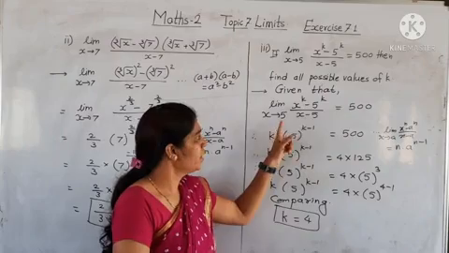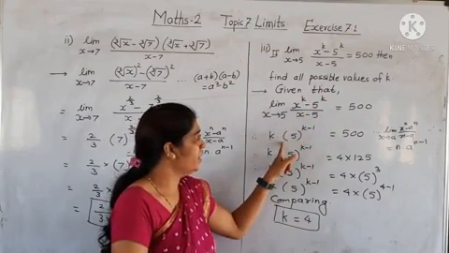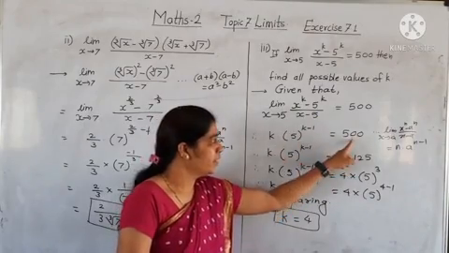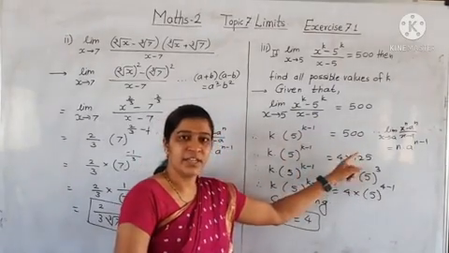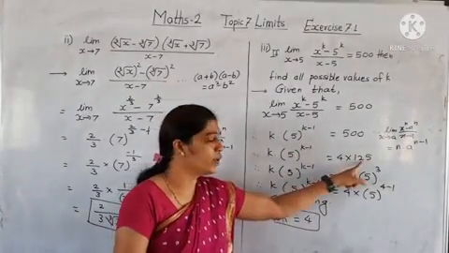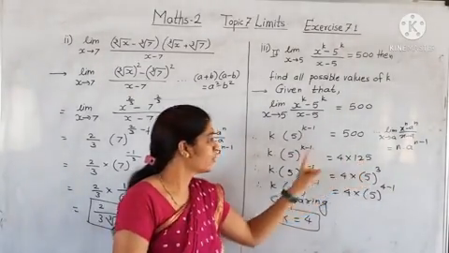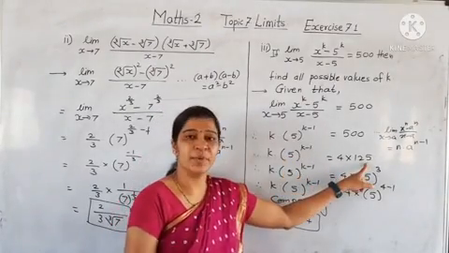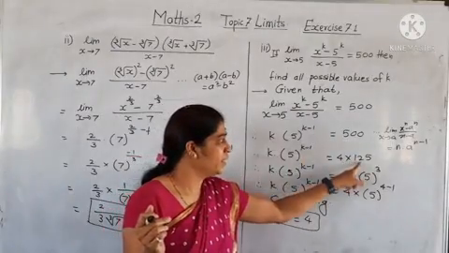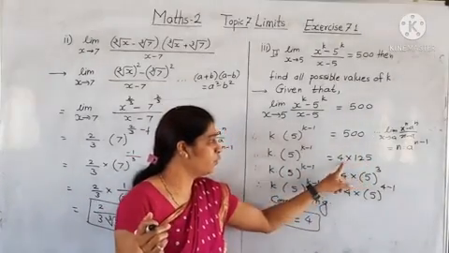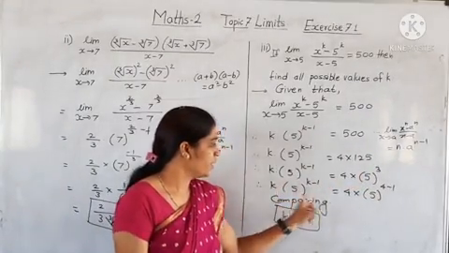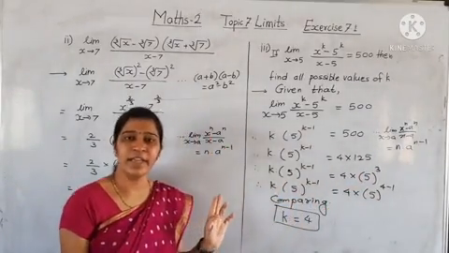Write first the given, apply the formula in the LHS, RHS as it is, then convert the RHS such that it becomes a power of 5. Here 5 is there, therefore we write this in terms of 5. Here there is 2, we split this in terms of power of 2. So here I split 500 as 125 times 4. Now 125 I write as 5 cube, and then comparing we get the value of k as 4.